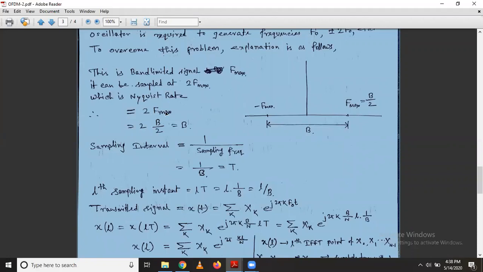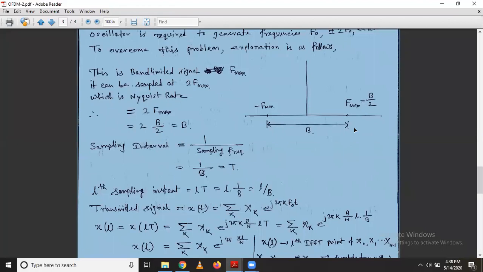FM is the maximum frequency component present in the signal. Maximum frequency is B by 2, so Nyquist rate is capital B. From the Nyquist rate, what is the Nyquist interval or sampling interval? 1 by B. This 1 by B, we are denoting by T, the sampling interval.